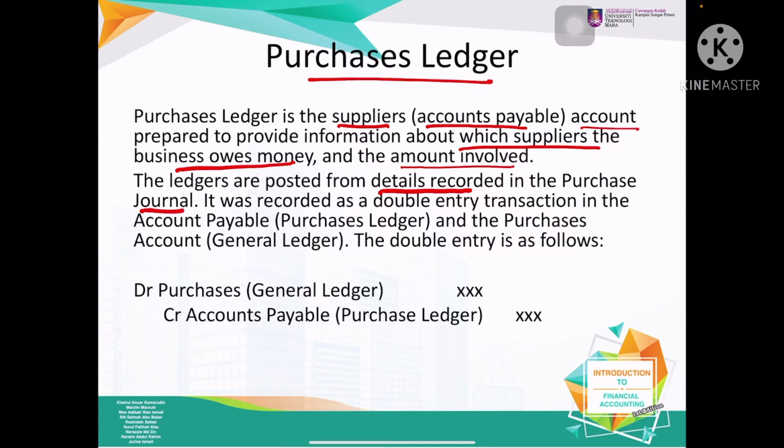Previously we prepared the purchase journal, and then we record it as double entry transactions in the accounts payable, or purchase ledger, and the purchase account. Two accounts are involved: debit purchase and credit accounts payable. Just like previously, if we have 5 suppliers, we should have 5 different supplier accounts.